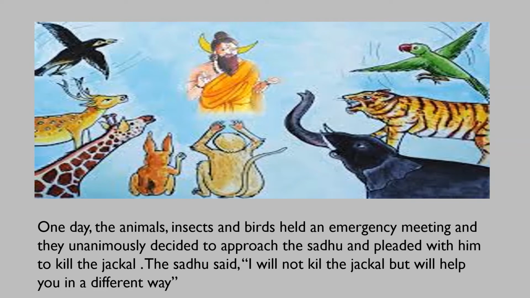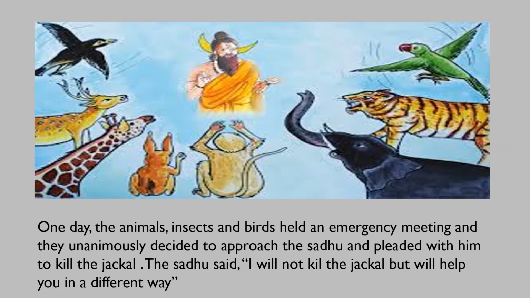Why? Because this jackal is reducing the peace and harmony among the animals and is also killing the animals present in the forest. But the sadhu said, "I will not kill the jackal but will help you in a different way." The sadhu didn't agree to kill the jackal, but he promised the animals that he would help them in a different way.